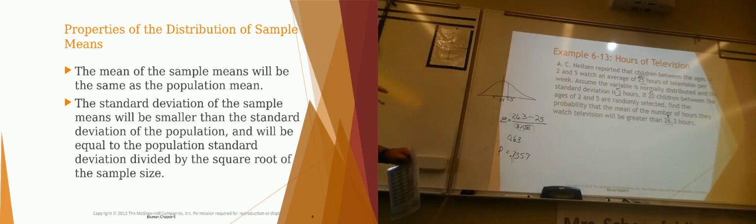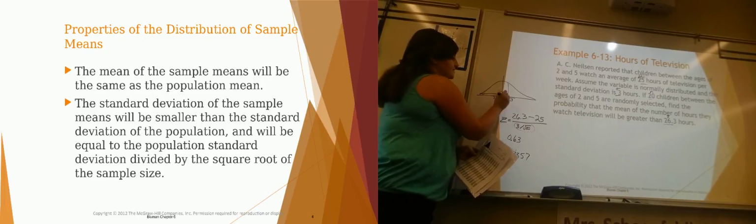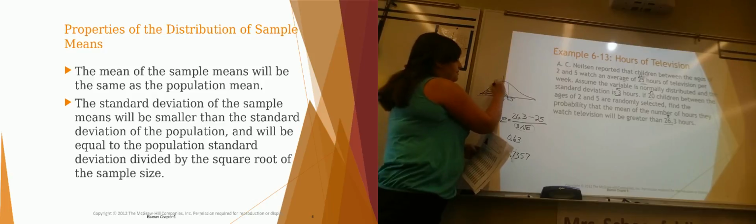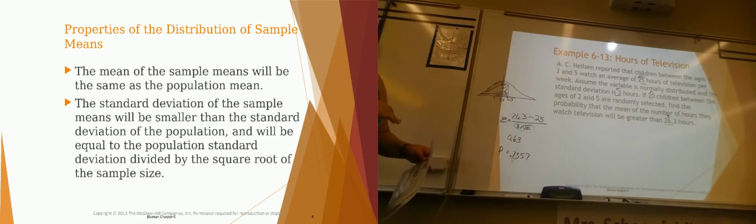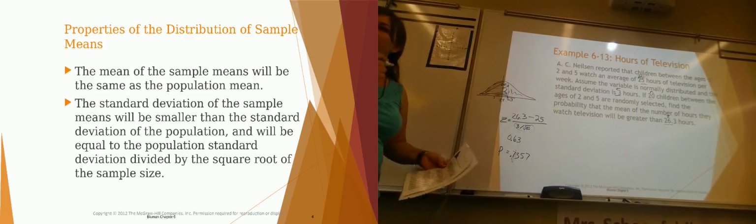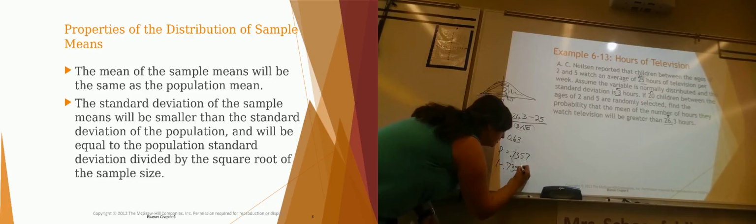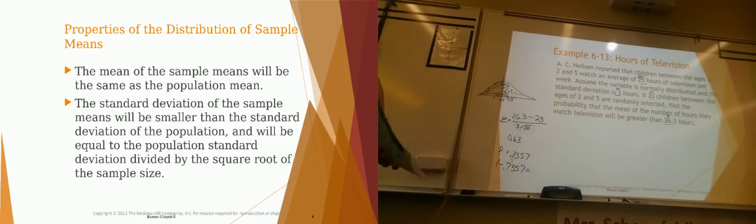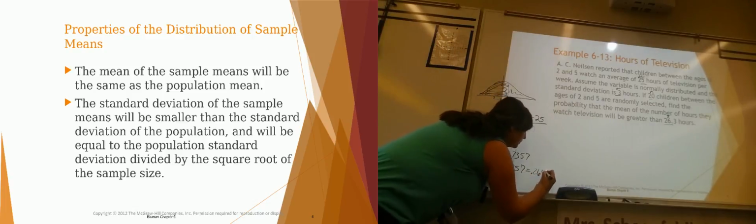But remember how we're thinking about it on the graph? This is the less than piece, and I have 100% underneath there. So I have to subtract it when I'm trying to find this part. I'm going to do 1 minus 0.7357, and that gets me 0.2643.